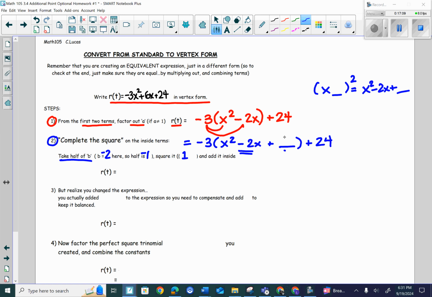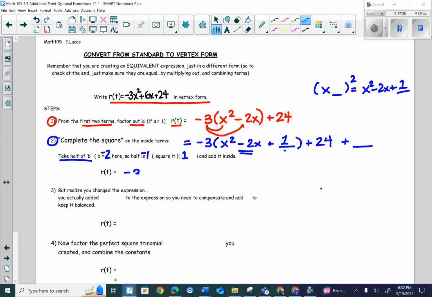We add it inside. Since we square it and add it, it's always going to be positive, so we know that that's +1. Now, one thing is that I just changed what r of t is equal to by adding this 1 on the inside, so I'm going to have to do something on the outside to compensate for that.